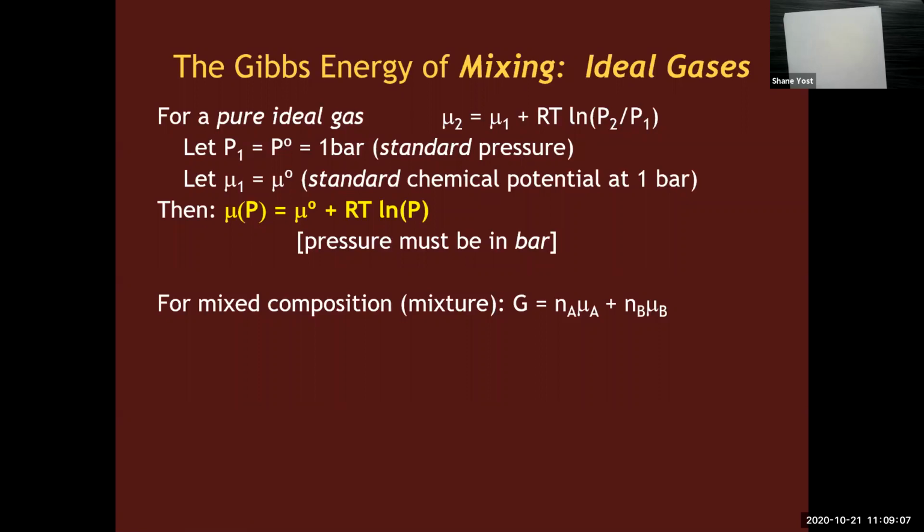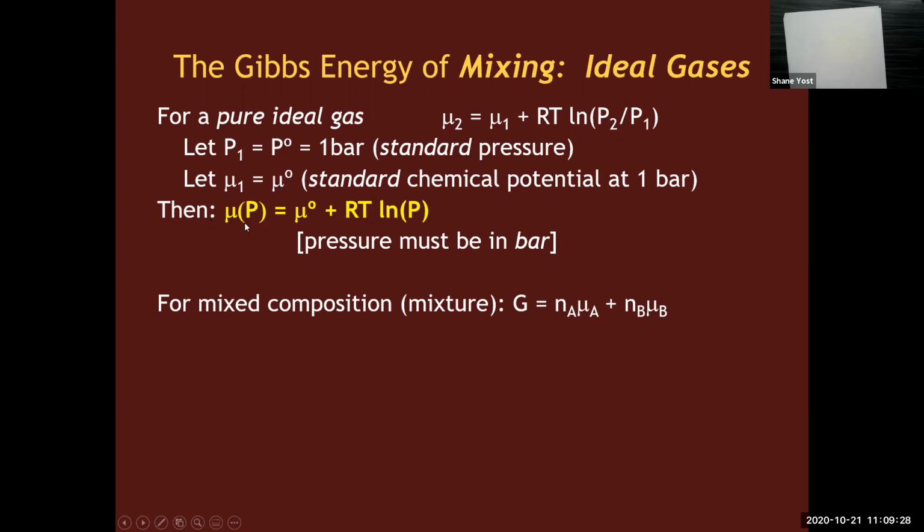When we eventually get to chemical equilibrium, this relationship here is how the chemical potential changes with pressure. More often we'll use this relationship, where we assume the initial pressure is just 1 bar, and then our chemical potential is the standard chemical potential.